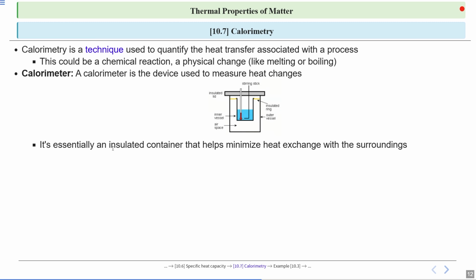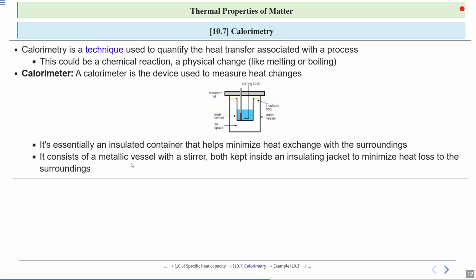It's essentially an insulated container. This one container is insulated, which helps minimize heat exchange with the surroundings. It means that this insulated ring here is present so as to minimize the heat exchange with the surroundings, and that is important.